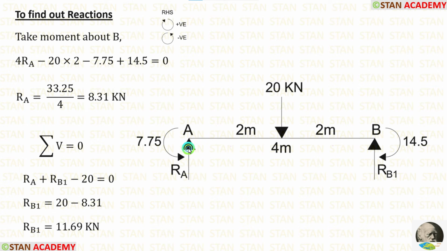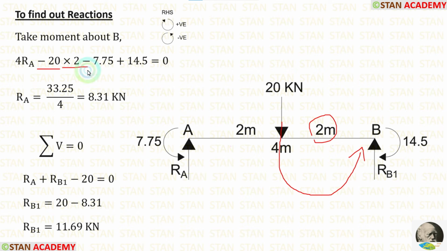The vertical reaction RA is acting towards the point B in the clockwise direction. So it is positive and the distance is 4 meter. So 4 RA. The point load 20 kN is acting towards the point B in the anticlockwise direction. So it will be negative and the distance is 2 meter.